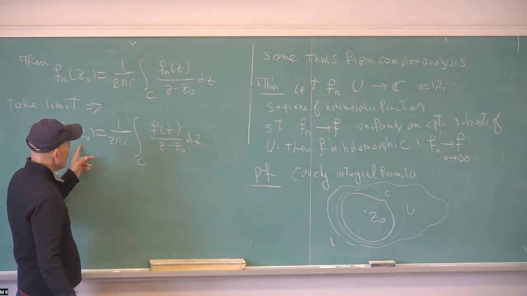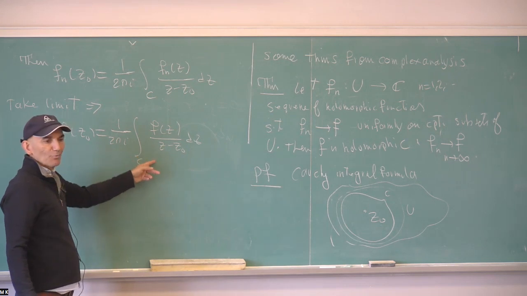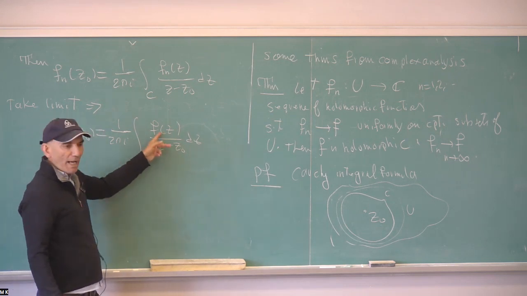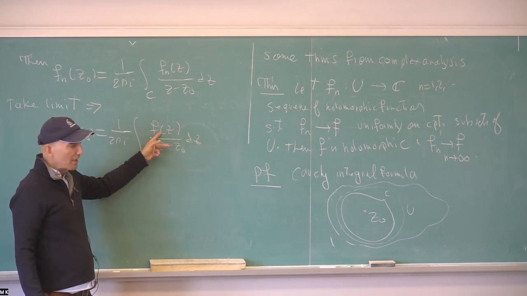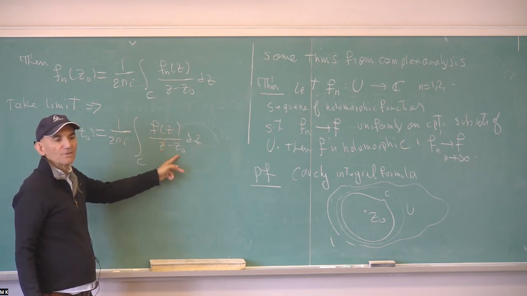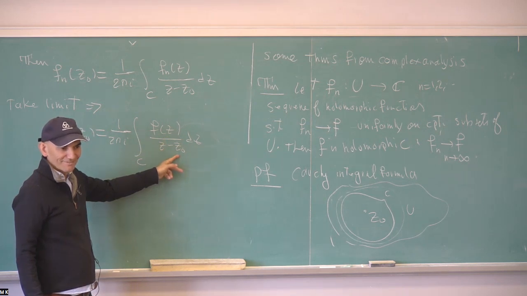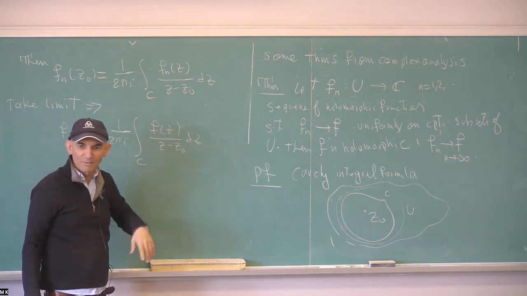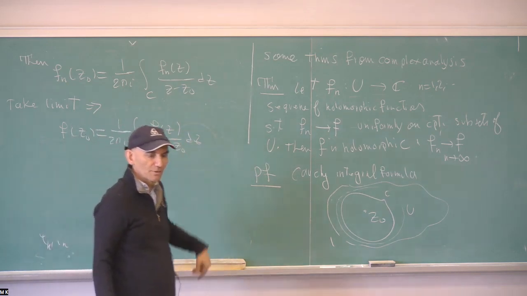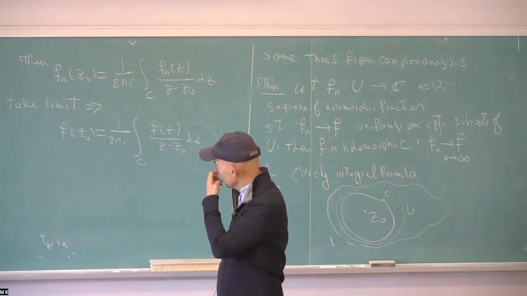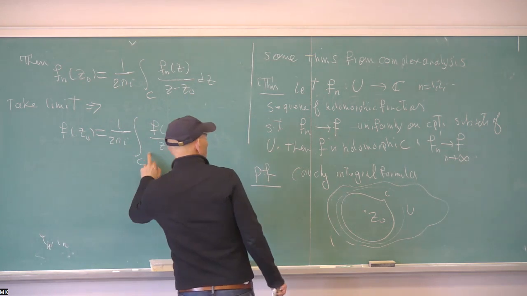Now, any function that's defined like this is automatically holomorphic, because it doesn't matter what f is: 1 over z minus z0 is a holomorphic function in z0. This is just a fraction, very simple, and you're integrating those things. So such functions are holomorphic.